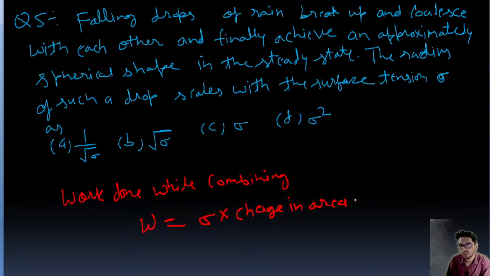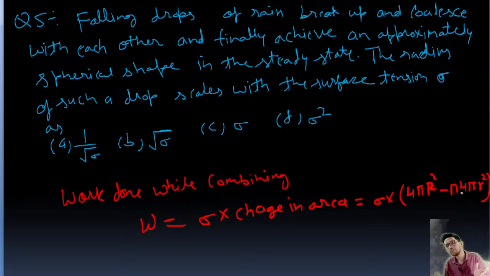So this is going to be sigma into the change in area, meaning 4 pi R square, that is the combined drop, minus n 4 pi r square. These are the small drops which combine together.